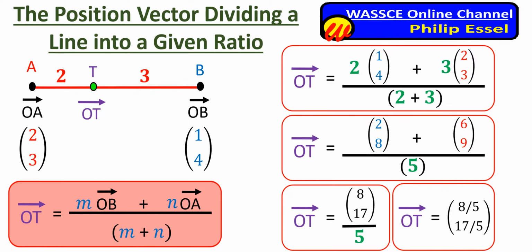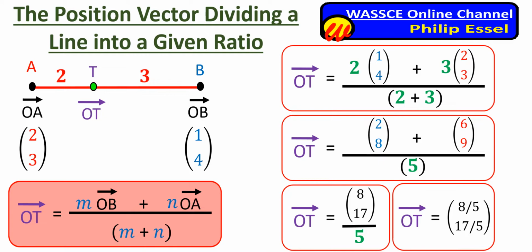The position vector OT is equal to (8 over 5, 17 over 5). And if you are asked to write this as a point T, I believe you know how to write this. It will simply be (8 over 5, 17 over 5). It's as simple as that.